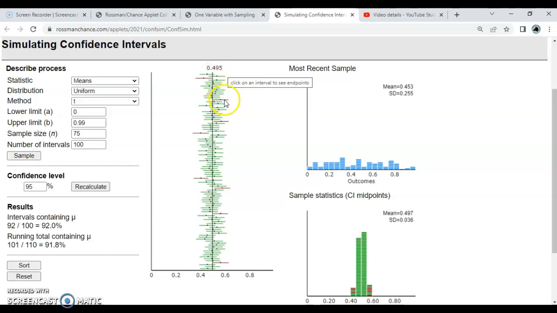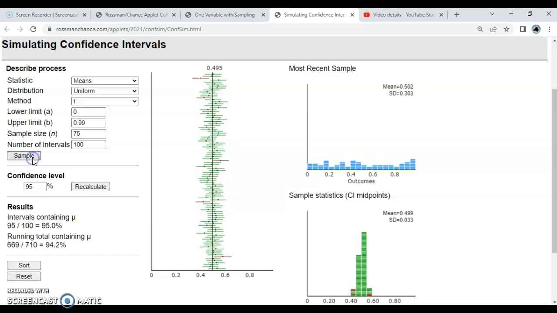And you see several of these red ones that are outside of that value, so they do not capture that number. Now what I'm going to do is just start taking a bunch of samples of size 100, and we're going to keep our eye on this running total, the running total of intervals that contain mu, that's the population average. So we've taken 110 so far, about 92% of them have trapped that population mean.